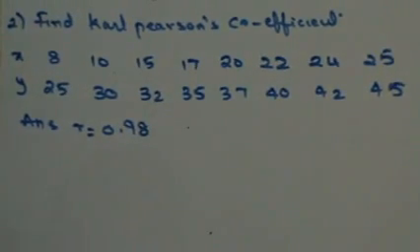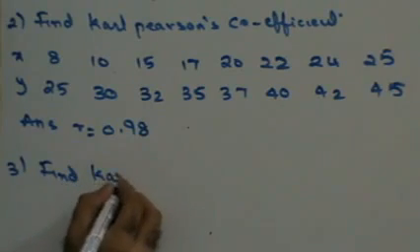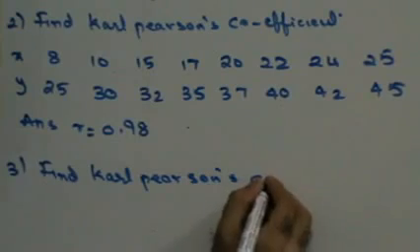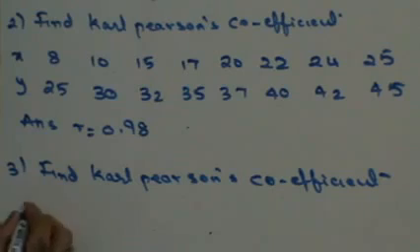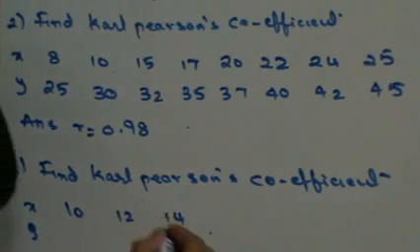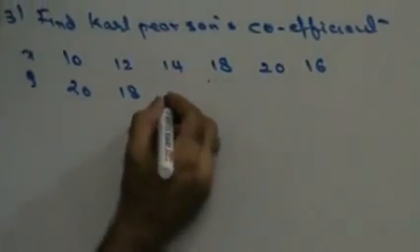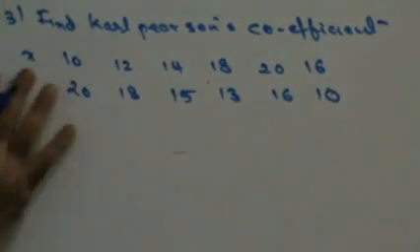I'm going to show you one sum and then give you a couple of sums for practice. Let's see another sum. Find Karl Pearson's coefficient. X and Y are 10, 12, 14, 18, 20, 16, 20, 18, 15, 13, 16, 10.